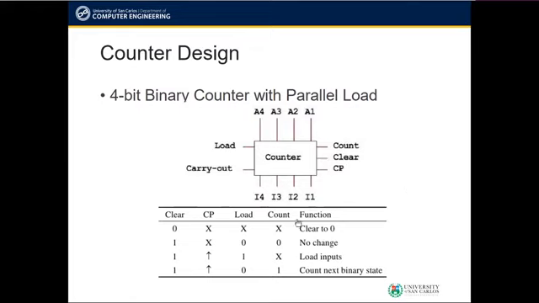Now, if we look at the table here, we can see that when the input at the clear pin is 0, the count at the output A4 to A1 is reset or cleared back to 0, regardless of what the inputs at CP, load, and count are.